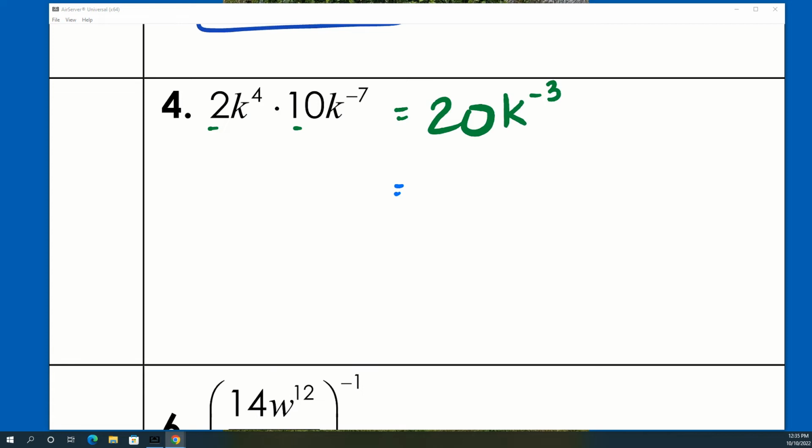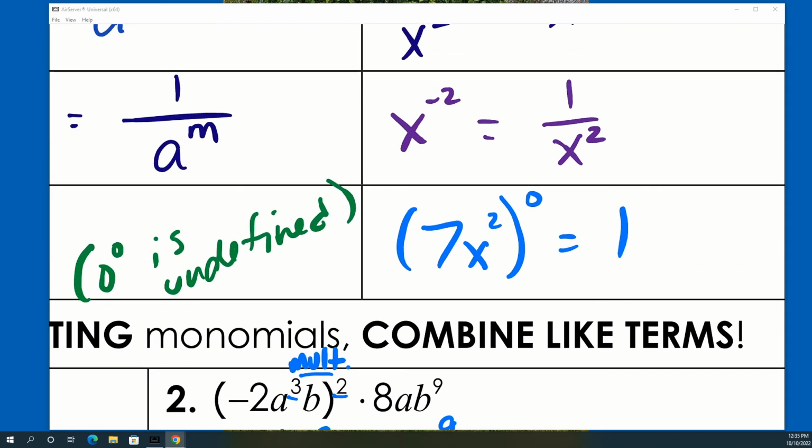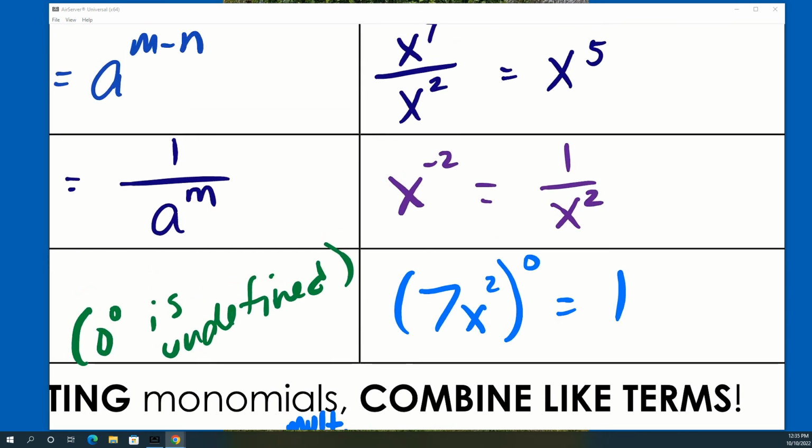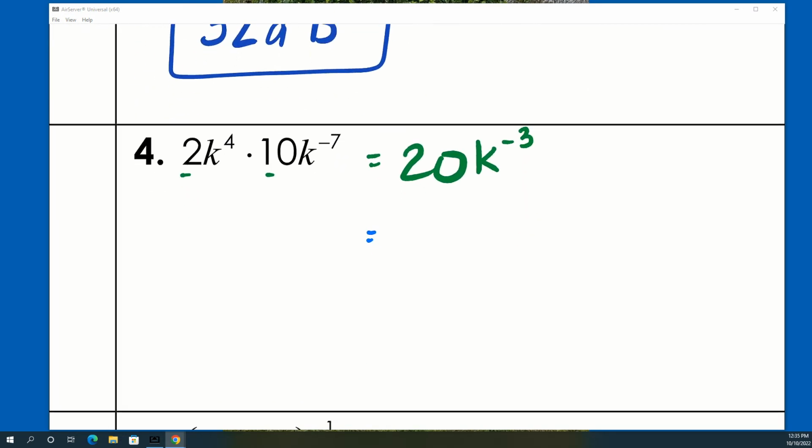And then most likely, like if this was a multiple choice test, like maybe the ACT or something, you wouldn't leave your answer like this with a negative exponent. And so we had an example up here where we had x to the negative 2. So we just moved it to the bottom and made it a positive 2. It's the same thing we're going to do. But the 20 isn't going to move. So the 20 stays where it is.